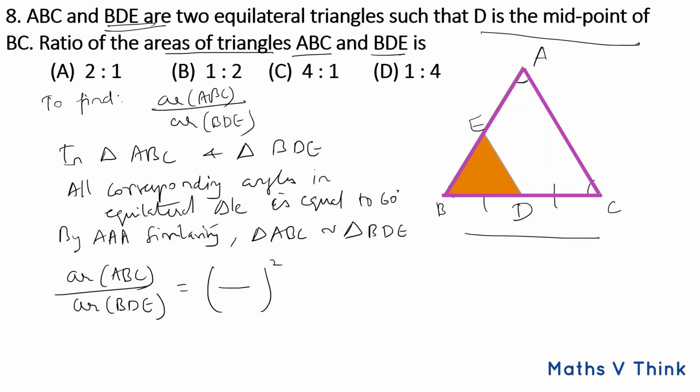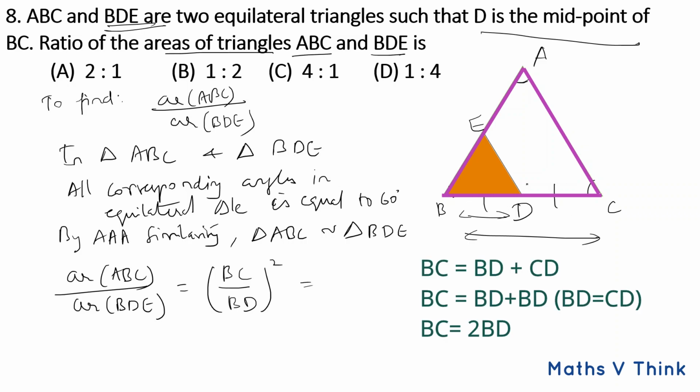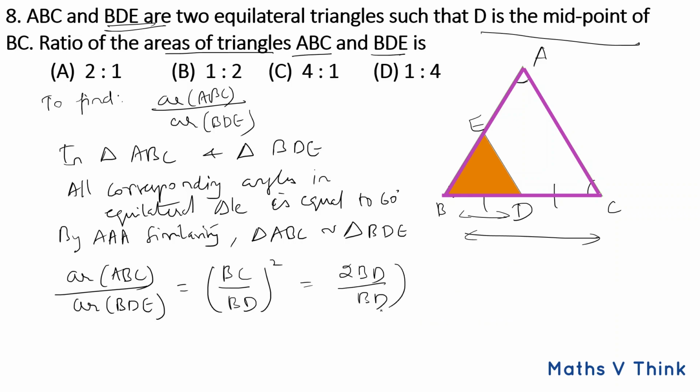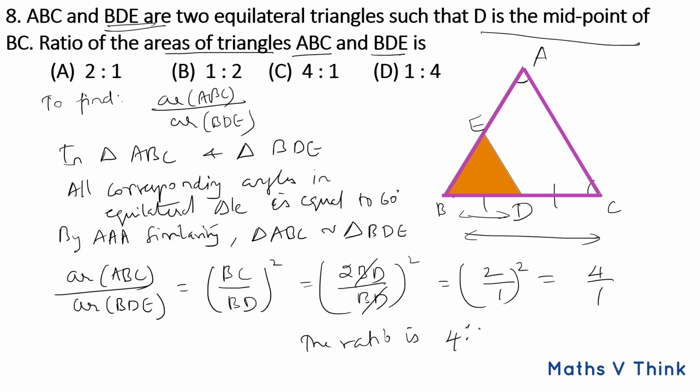So BC by BD the whole square. BC is nothing but 2BD because both are equal. So 2BD by BD the whole square. So BD gets cancelled. So 2 by 1 the whole square, which is equal to 4 by 1. So the ratio is 4:1. So option is C.